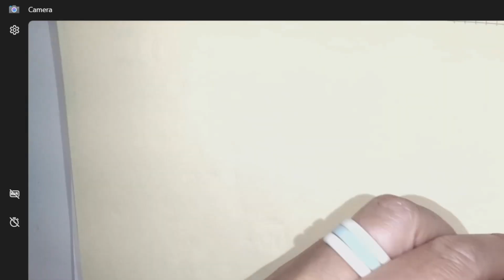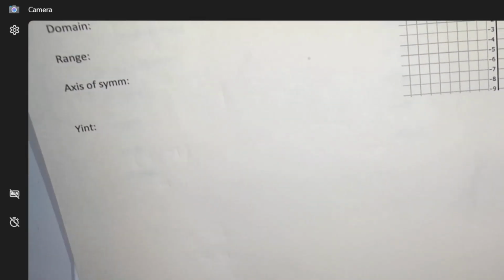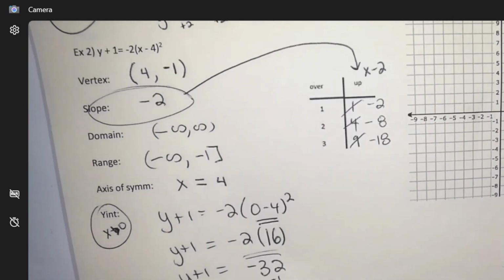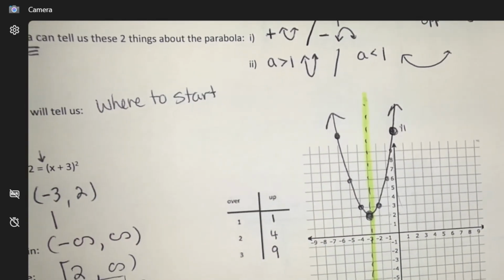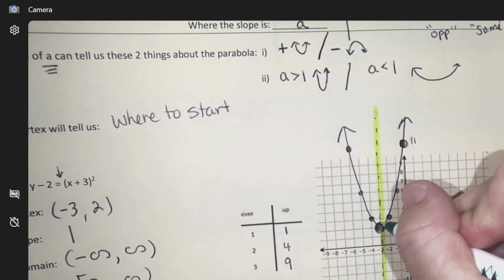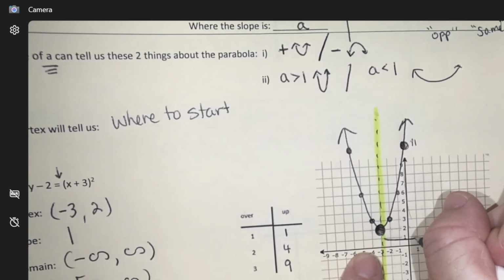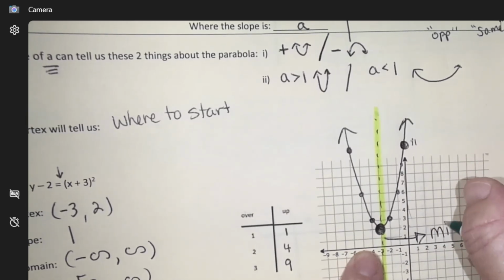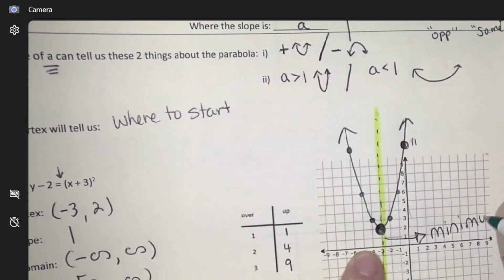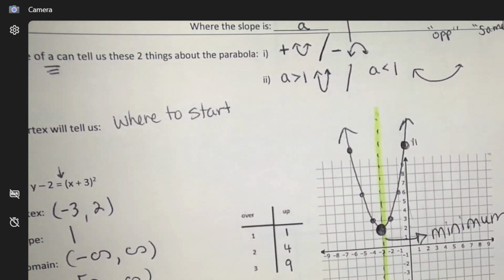All right, we got 2 more to plug through. Oh, actually, sorry, don't flip yet. You might run into these words. On this example, the vertex is on the bottom, so they refer to it as a minimum. Does that make sense? Because it's the lowest.